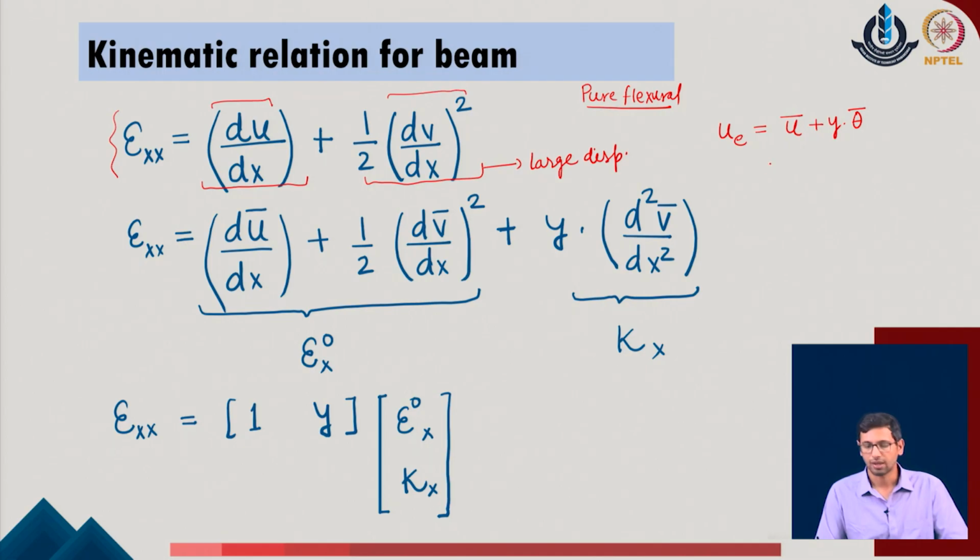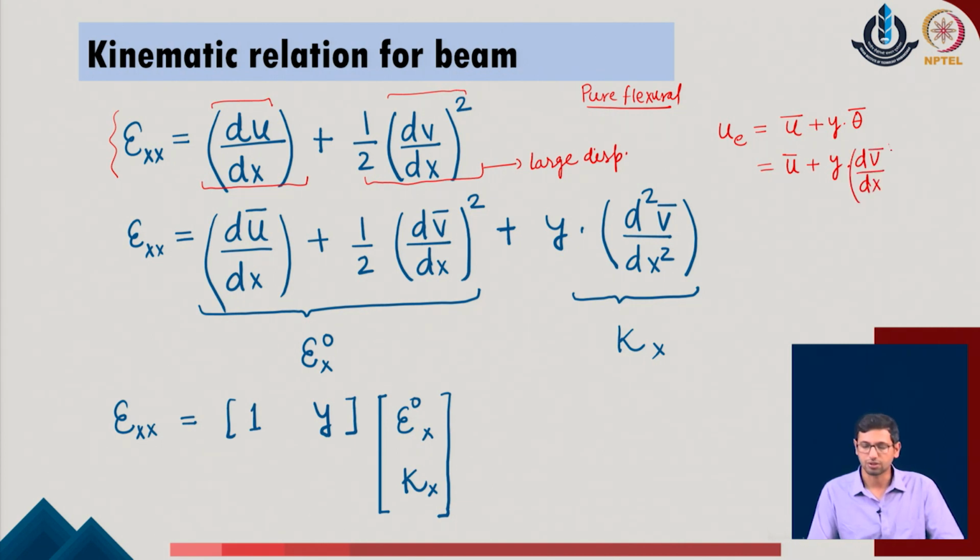And then we can also define this as y times del v bar upon del x, which means that the rotation of the given transverse normal is the same as the rotation of the axial line of the member, which is the slope of the given problem. This comes from the standard point that we are not considering any shear deformation in the system, so the transverse normal remains normal to the reference surface.